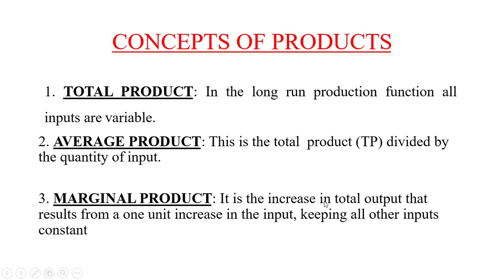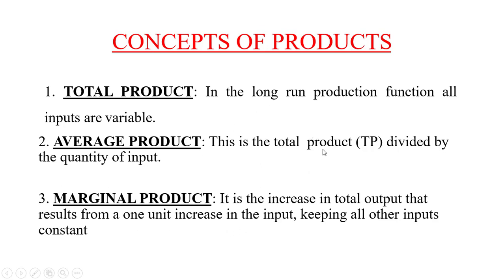It is the increase in total output that results from one unit increase in the input, keeping all other inputs constant. Whenever marginal comes in any form, it means additional increase in one unit. Additional increase in one unit, how it affects the output. Now marginal product is saying total output with increase in one input, keeping all other inputs constant.